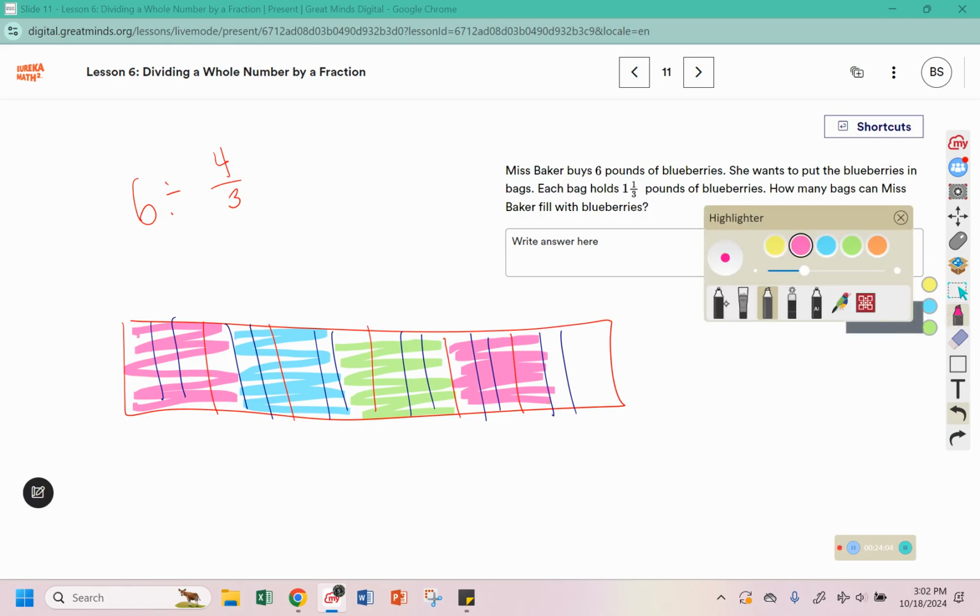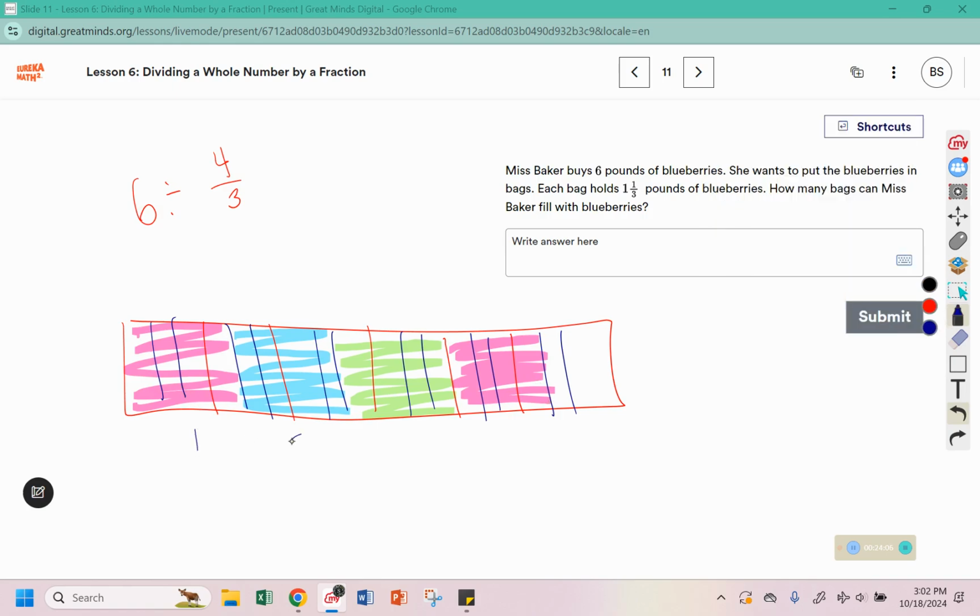We have 1, 2, 3, 4, and 2 pieces out of the 4 that we need to make a group. So 4 and 2/4, or we can reduce that to be 4 and 1/2. So they can make 4 1/2 bags of blueberries.